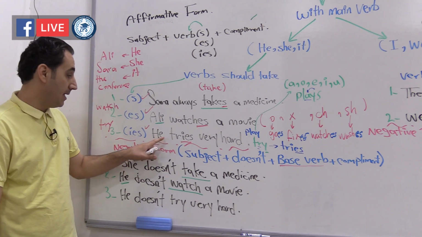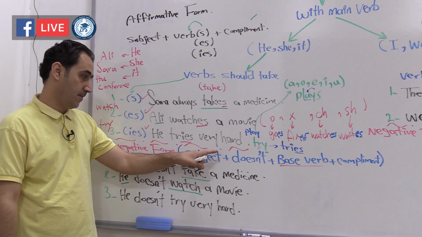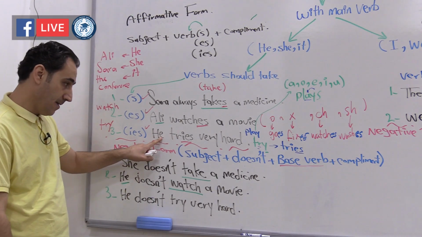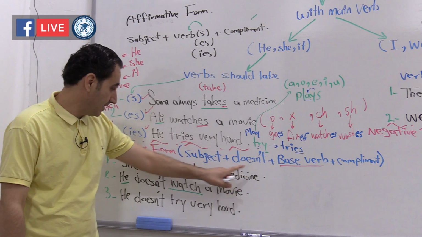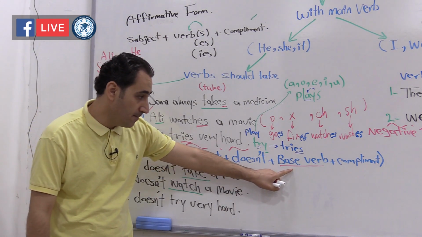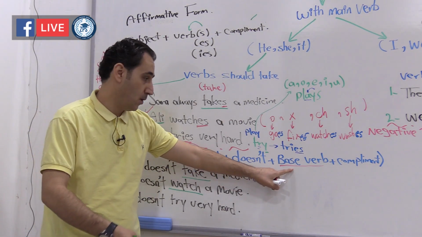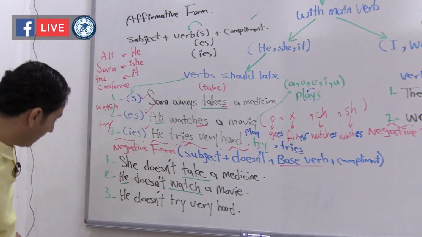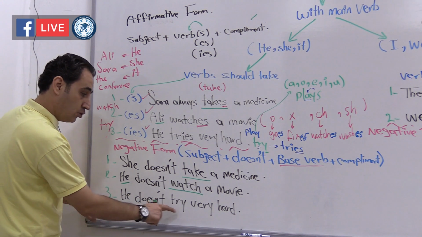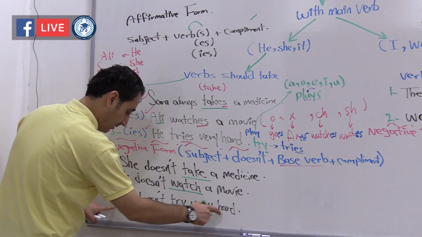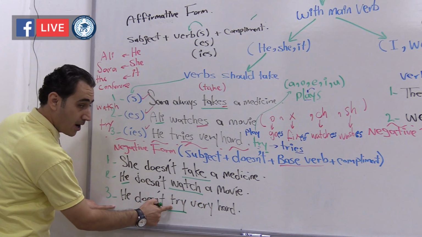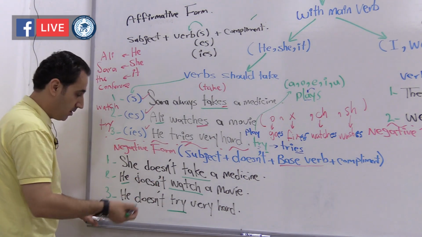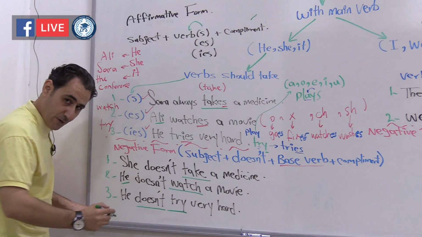The last one, he tries very hard. So, the subject is he, and doesn't, then tries should become the base form of the verb. Look. He doesn't try very hard. So, try, instead of tries. Why? Because there's a helping verb.